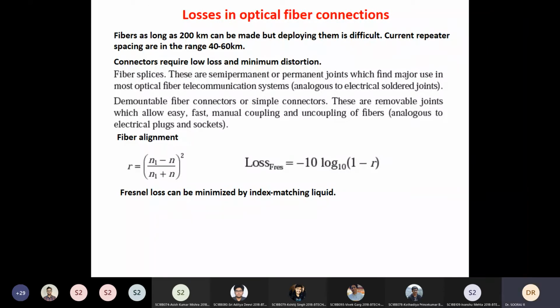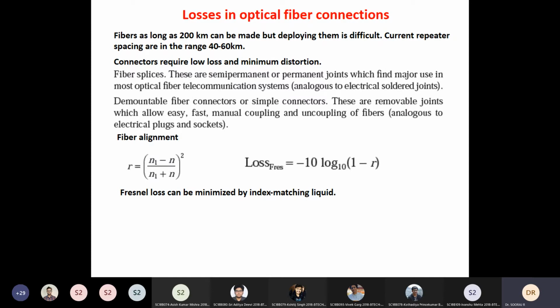All right. So when we make optical fibers, they are very thin strands of silica fiber.